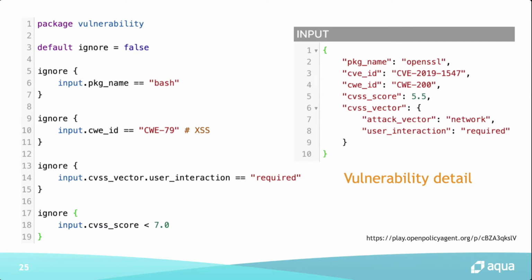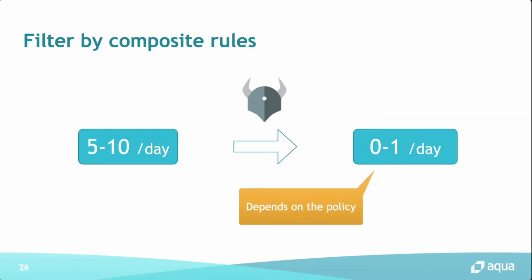If the package name is bash or CWE ID is 79 or user interaction is required or CVSS base score is less than 7, the vulnerability is going to be negligible. OPA should reduce the vulnerabilities to 0 or 1 a day, depending on the policy. It's so small that you could look into all.